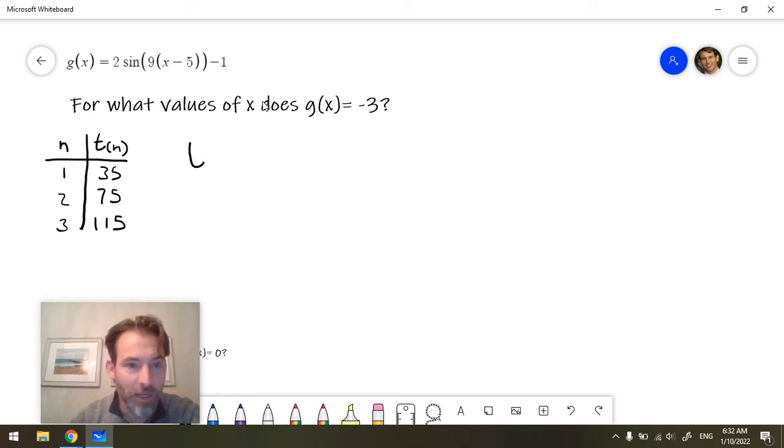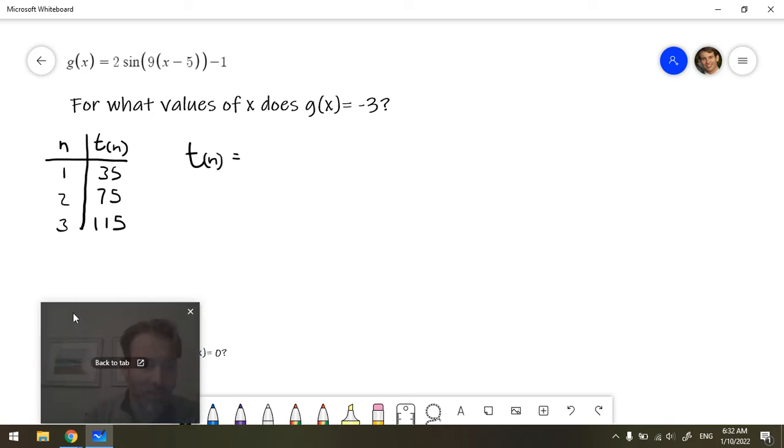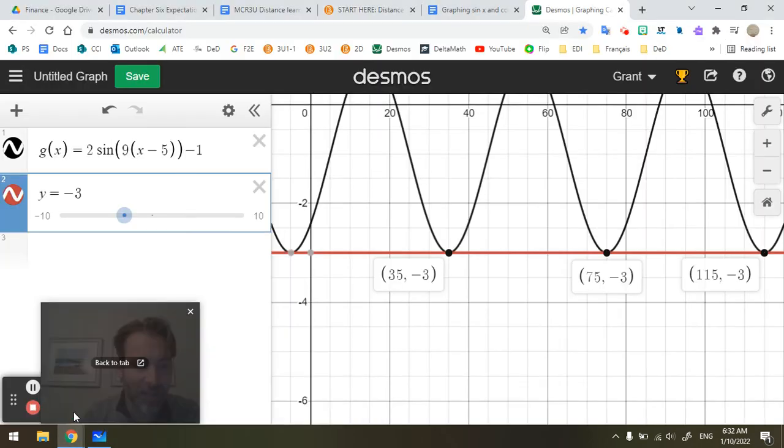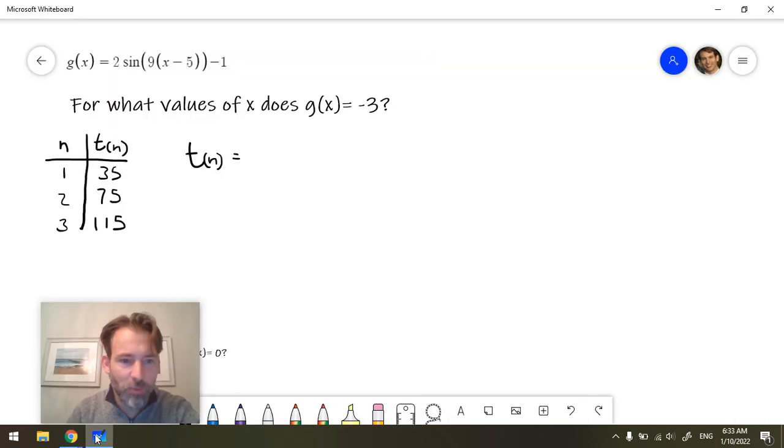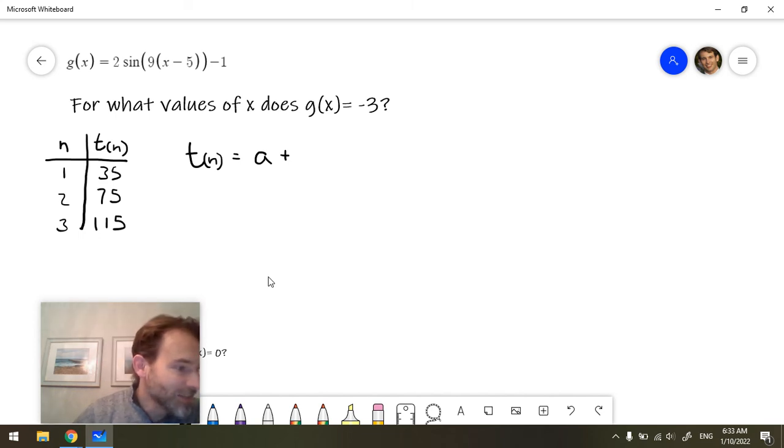So for any arithmetic series, some t of n, you're going to have some initial value plus something multiplying that value. And when we're working with arithmetic series, our general form for that is going to be a plus, checking the letters we use, n minus 1 times d.